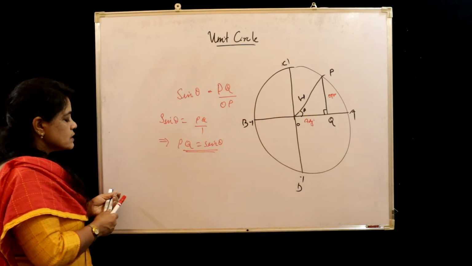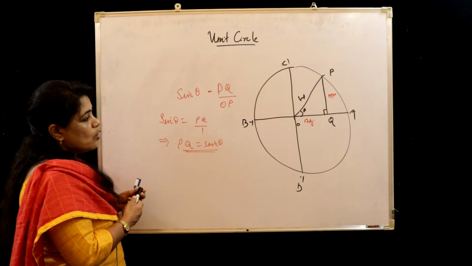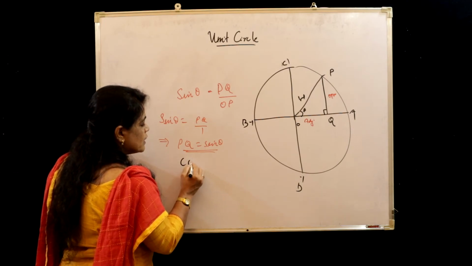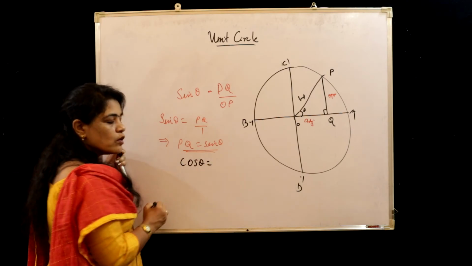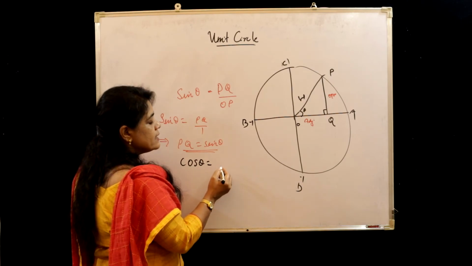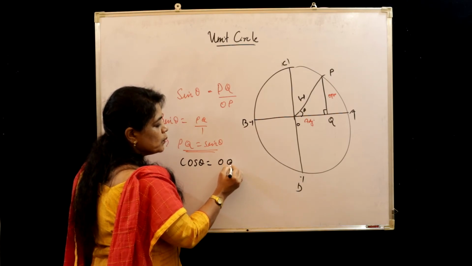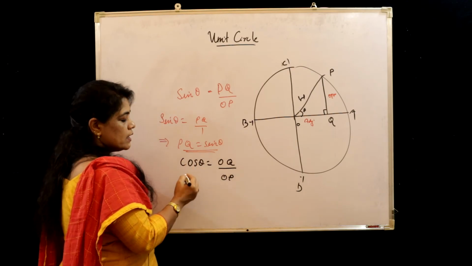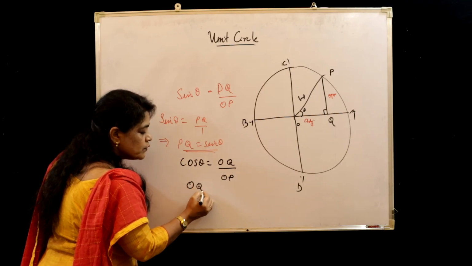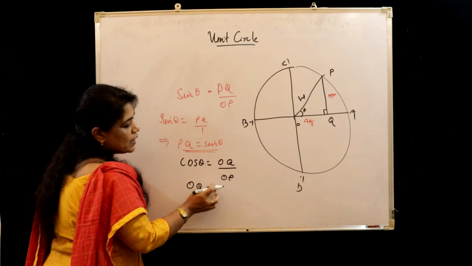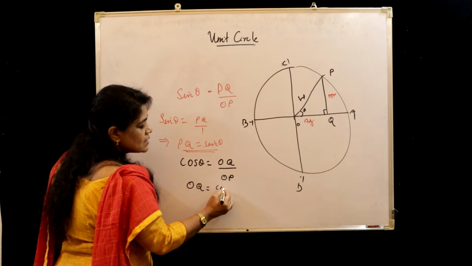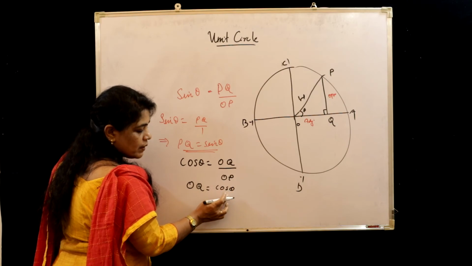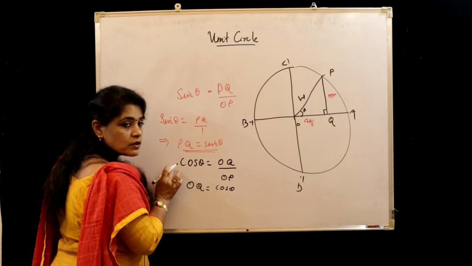So cos theta equals adjacent, that is OQ, divided by hypotenuse OP, since the reference angle is theta. So OQ, the side we need, equals cos theta divided by 1. This 1 will go to the other side.